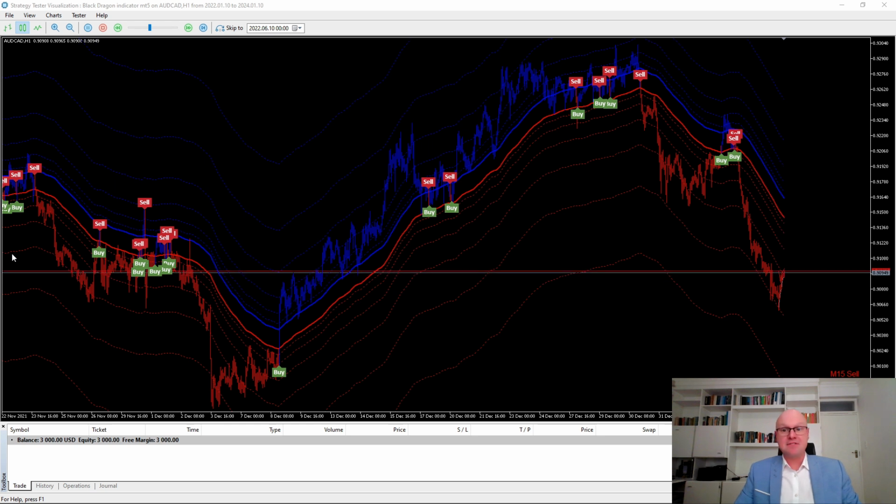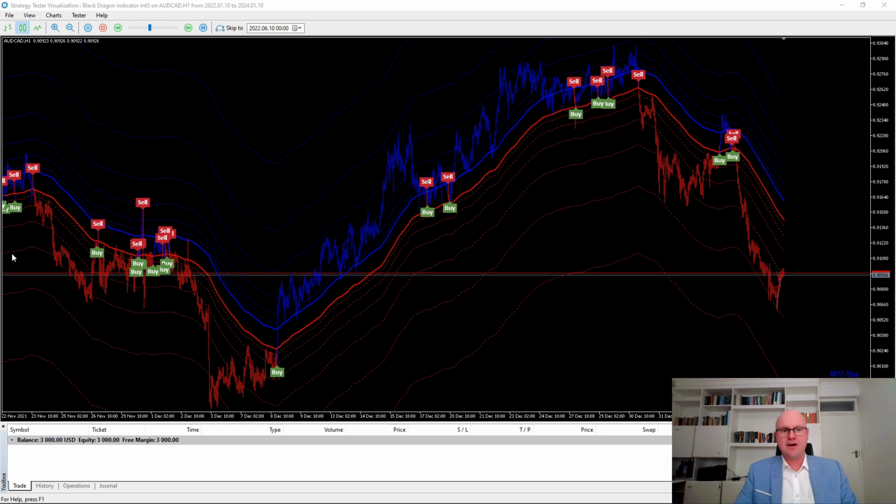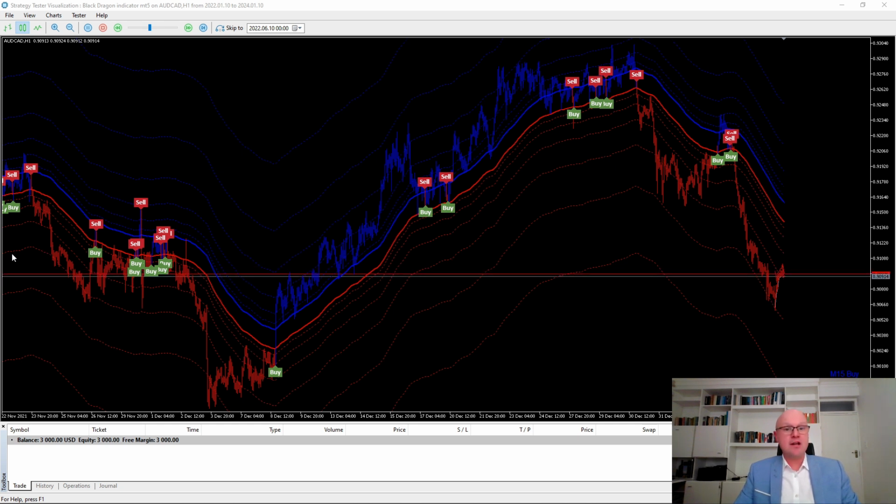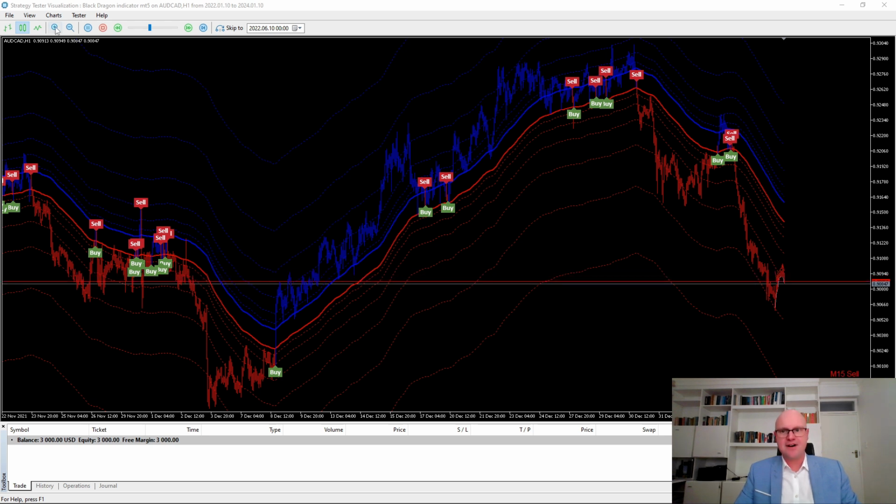So here we have the AUD CAD, or the Australian dollar against the Canadian dollar, in the hourly time frame. And looking at the same period as before, you'll see we have a lot fewer signals. So this is on the hourly, which is the recommended one that I'll be using for the different set files.